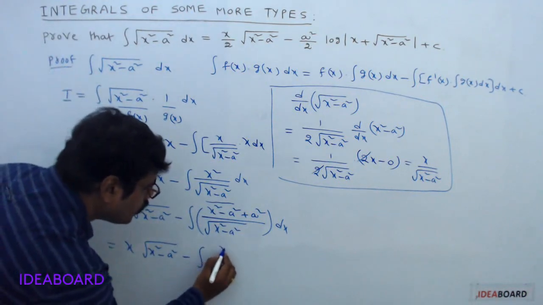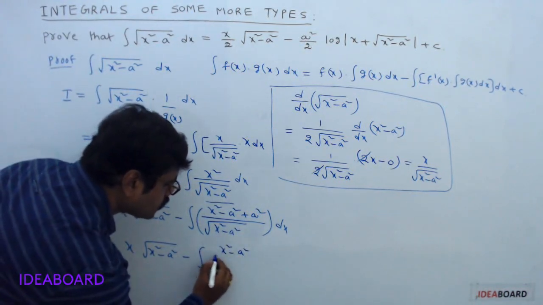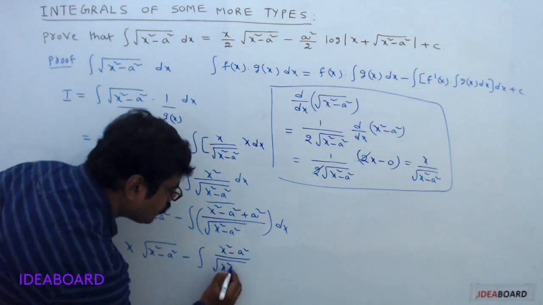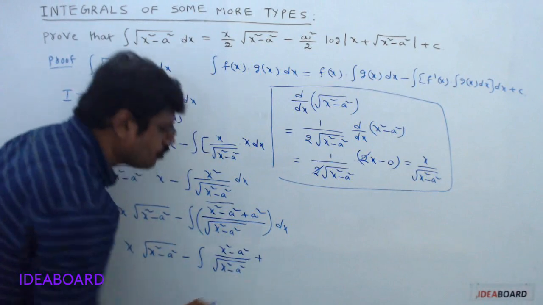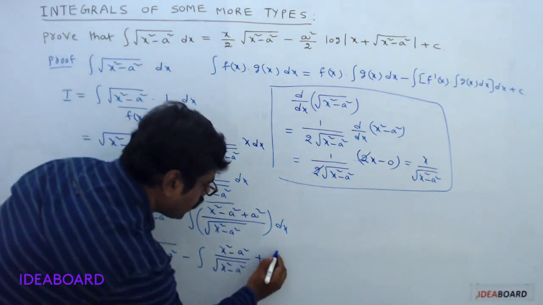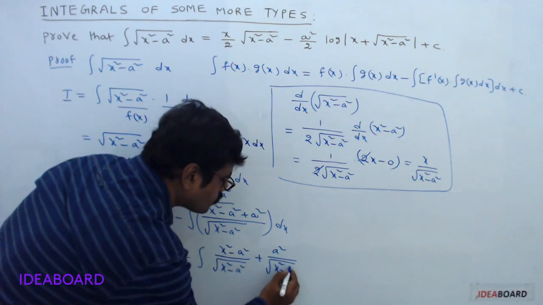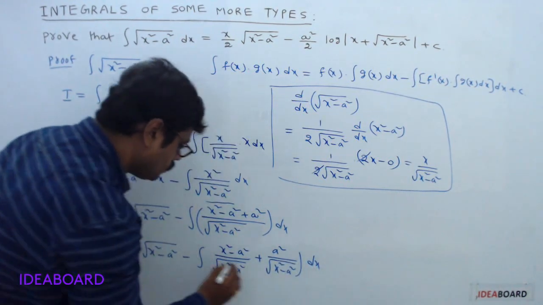So that is x square minus a square divided by square root of x square minus a square plus a square divided by square root of x square minus a square dx.